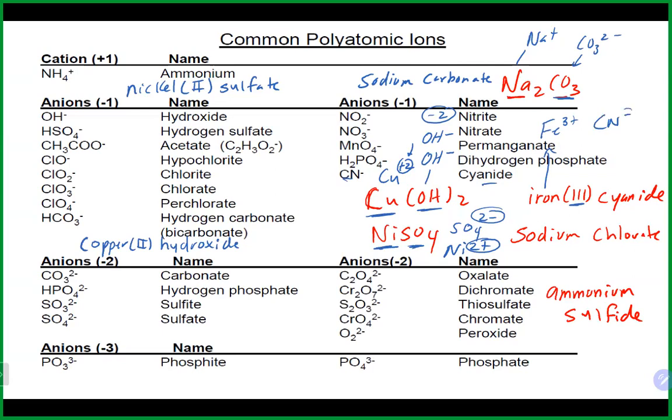We basically need not one of these guys, but we do need 3 of those guys to balance out the charge. And that would get us our proper formula here of Fe. We do need to put parentheses because there's more than one of these polyatomic ions, (CN)3 on the bottom there. Any questions on that one there?